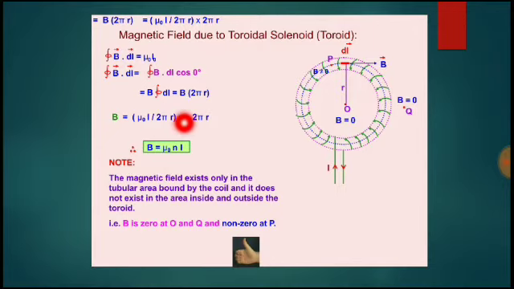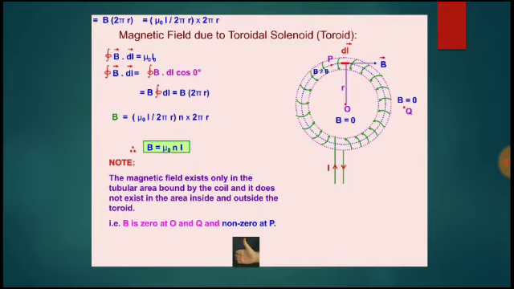So we multiply and divide by 2 pi r, and the 2 pi and r cancel. You will get mu naught I into N. So the magnetic field B is equal to mu naught N I.